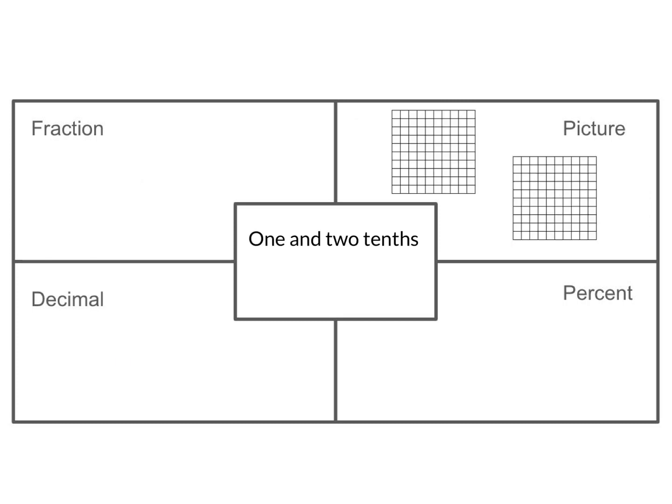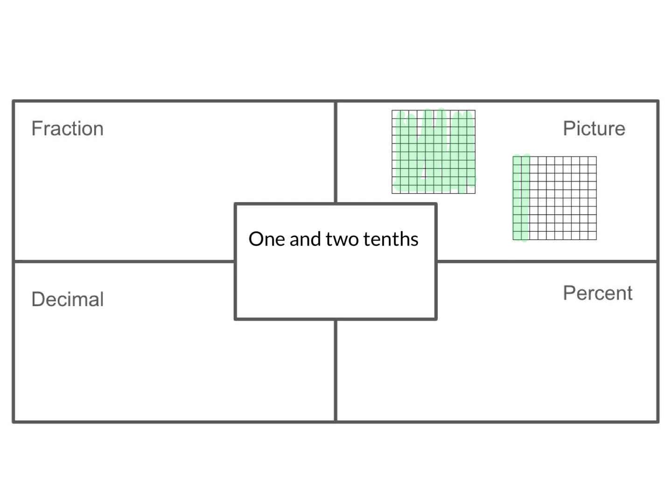So here I wrote in words 1 and 2/10. I'm going to start with my picture again. So I know that 1 would be shading in the whole thing, and then 2/10, I'm shading in 2 of my tenths. So 1, 2. So there's 1 and 2/10.